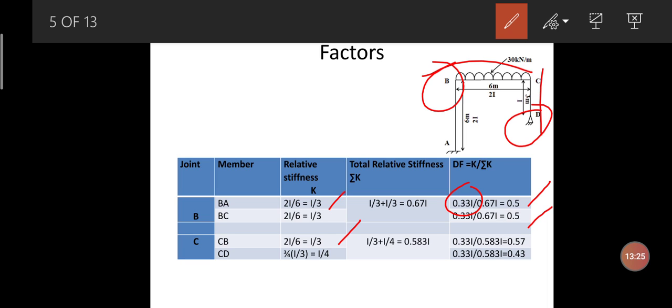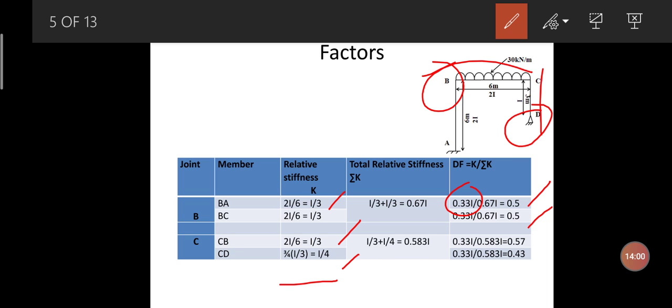So whenever the farther end is hinged in nature, the relative stiffness is considered to be 3/4 of I by L. So here 3/4 times of I, where I remains I itself, L is equal to 3. Therefore if I solve that, it is equal to I by 4 here.